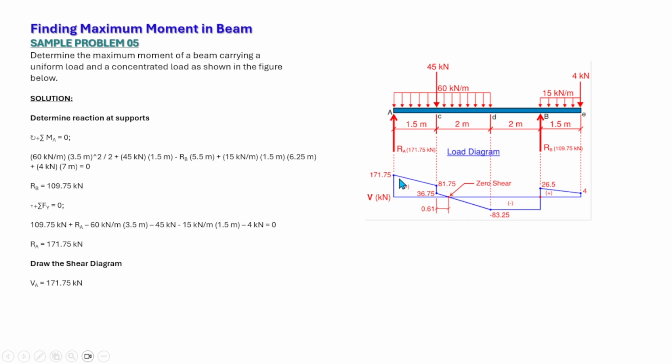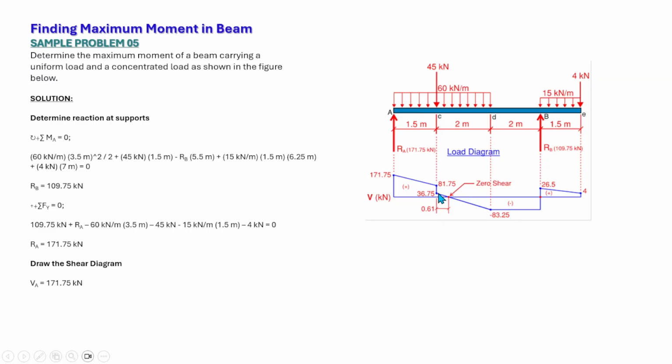At point A, the shear is equal to the reaction at A. Between A and C, we have a uniform load of 60 kilonewtons per meter, so the shear diagram is linear, first degree, from point A to C. So at point C, that is equal to 171.75 minus the area between A and C, which is the uniform load, 60 kilonewtons per meter.